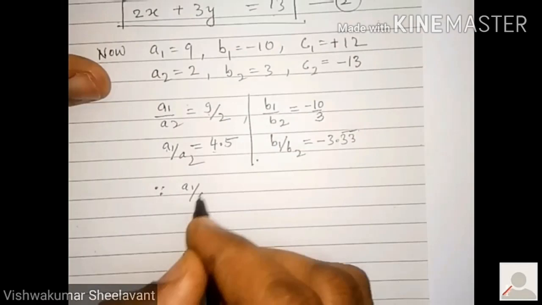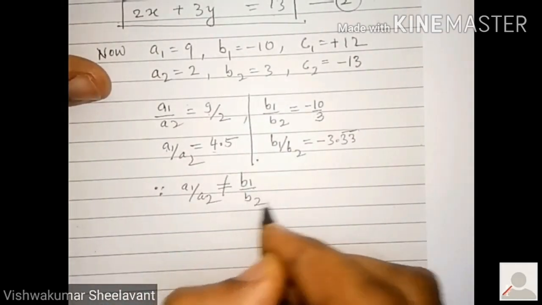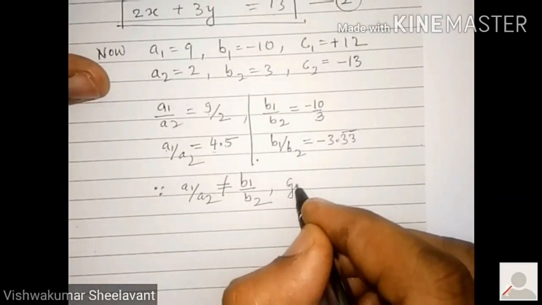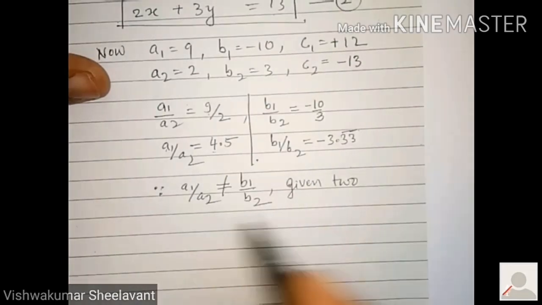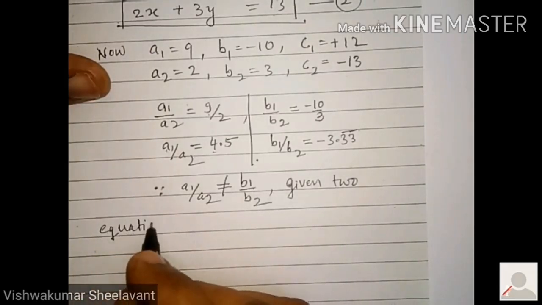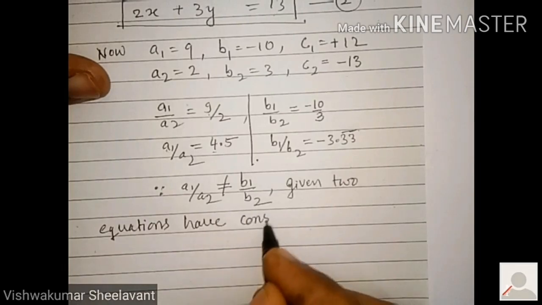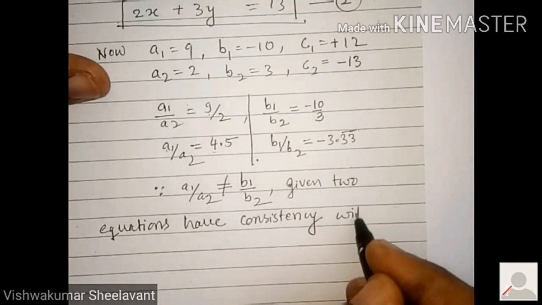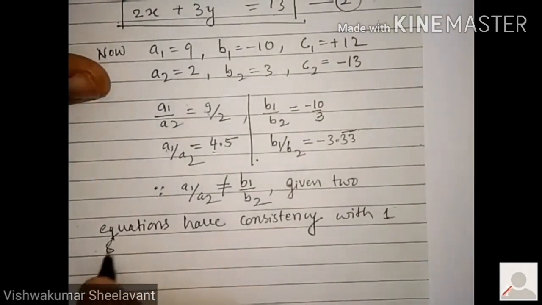Since A1 by A2 is not equal to B1 by B2, the given two equations have consistency with one solution.